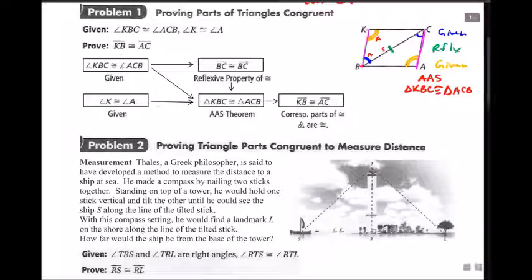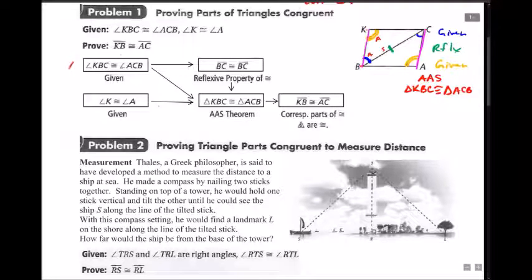We still don't have any information on those pink sides, but that is what we're after. Well, what are we going to do with this? Now, I told you back when we were looking at the flow proofs that you may want to use them in this section. It doesn't matter. They are simply a two-column proof in a different method.